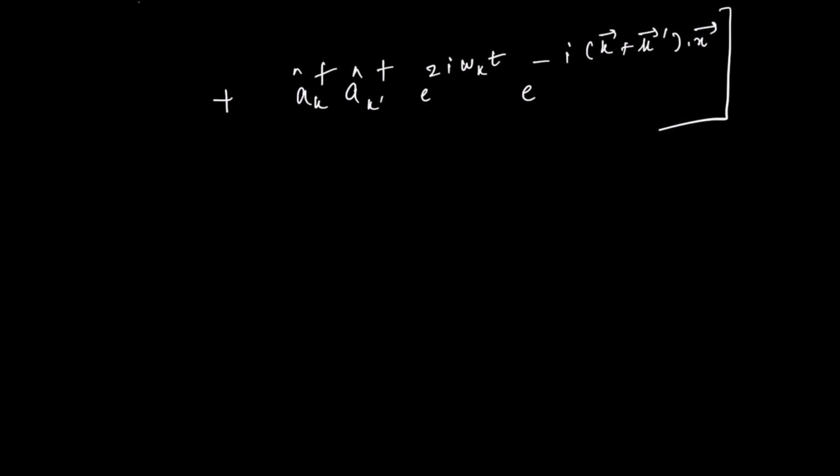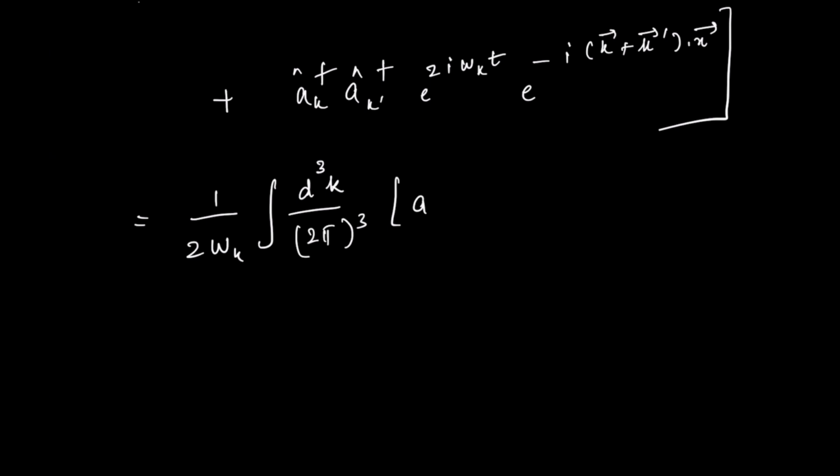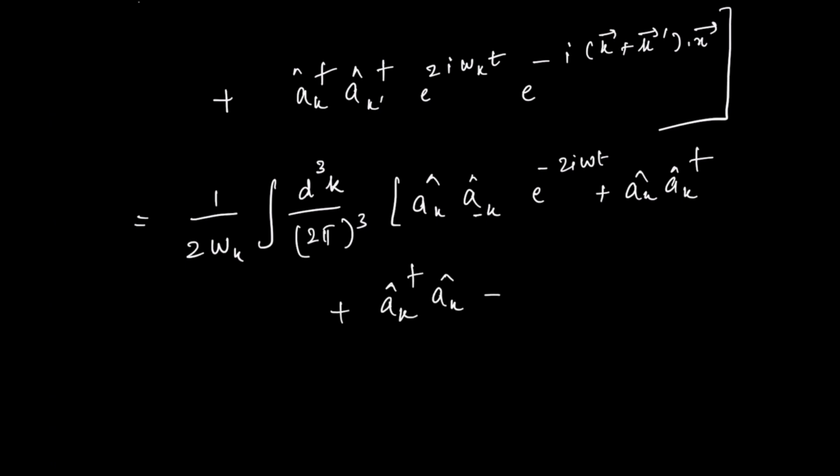So this will be equal to 1 by 2 omega k integral d cube k by 2 pi cube, ak prime, or a minus k I can write, e raised to minus 2I omega t plus ak dagger ak plus ak dagger a minus k dagger e raised to 2I omega t.